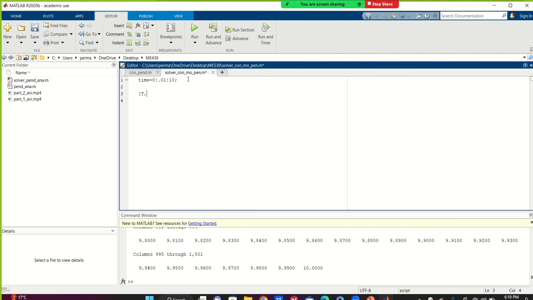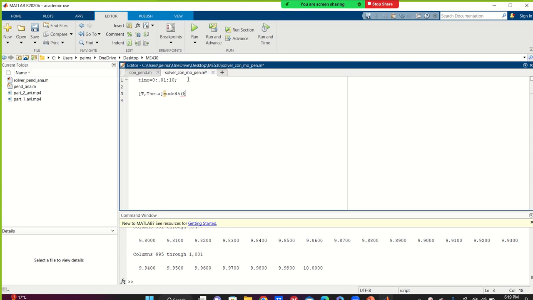I'm saying the whole time and the whole state variables equals ODE solver, ordinary differential equation solver number 45. Just put it, don't ask me why, because we have different solvers, like ODE15s, ODE113, this is nothing in level, just 45, it works for you, okay?